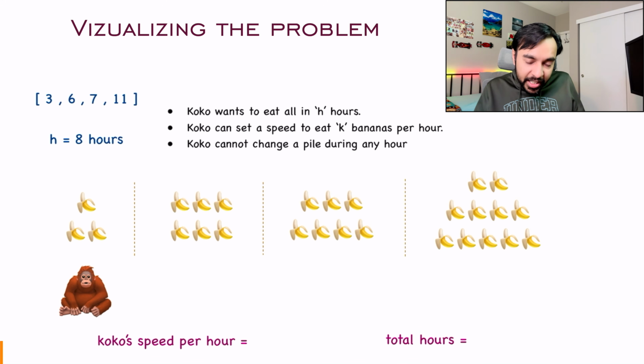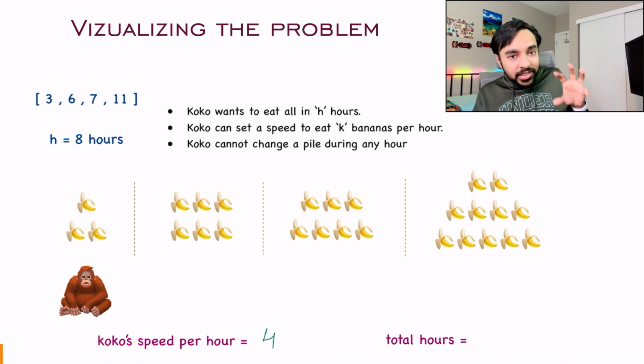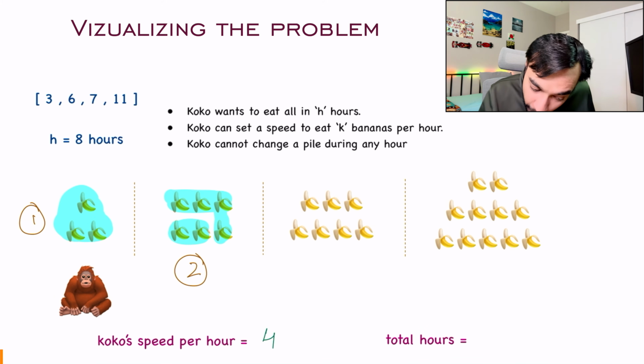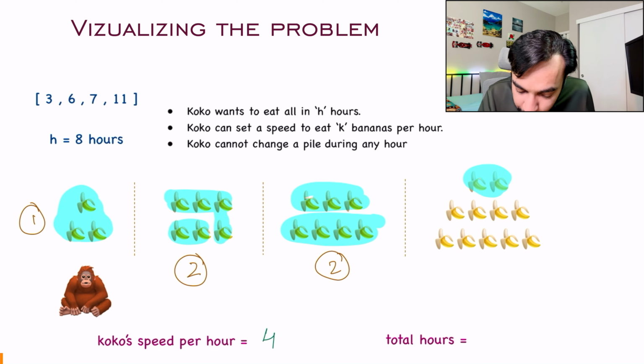For this particular test case, 4 is your answer because when Koko is eating 4 bananas at a time, she completes the first pile in 1 hour. For the second pile, she will take 2 hours. For the third pile also, she will take 2 hours. And then for the last pile, she will eat 4 bananas, and then 3 bananas.